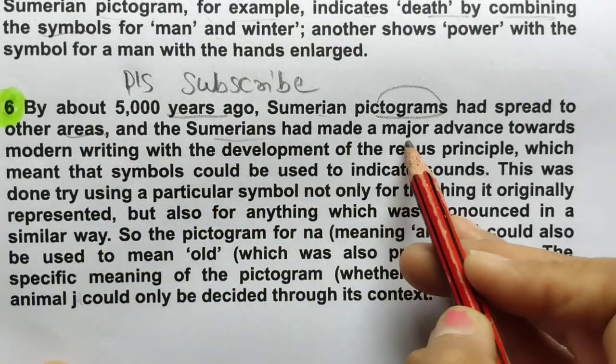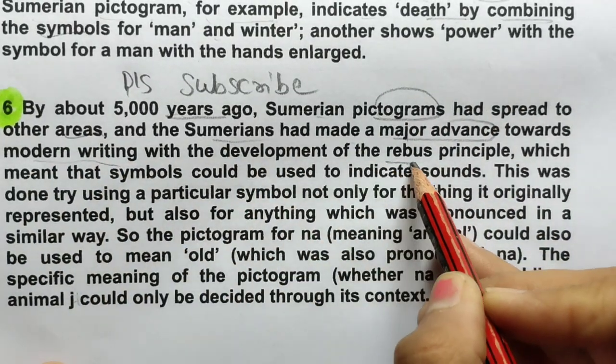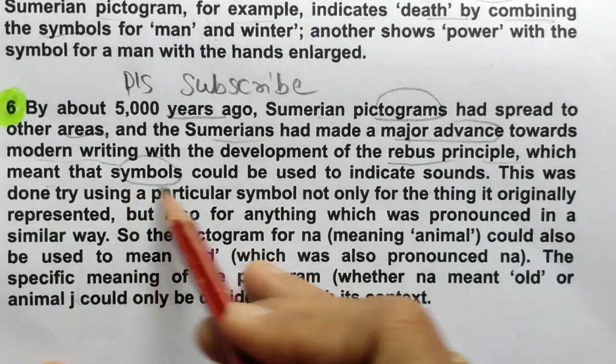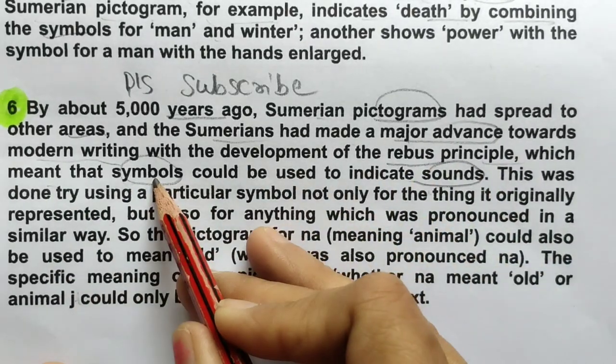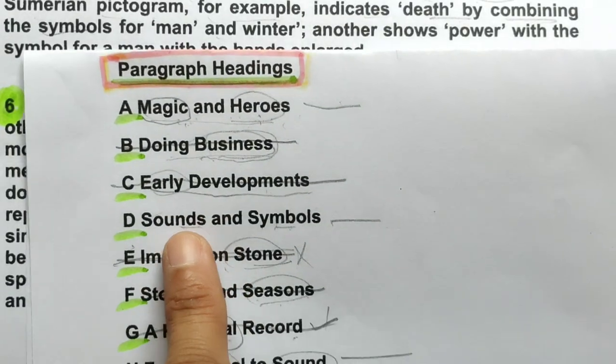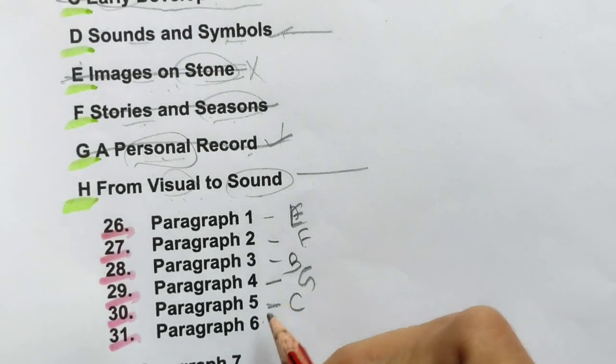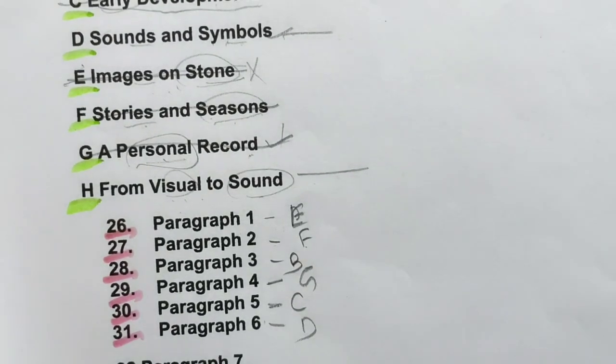Sumerians had made a major advance towards modern writing with the development of the rebus principle, which means symbols. Yeah, sounds and symbols, now it is there. Now I will not be reading more. Sounds and symbols, the clear word is given. So with the help of this we have found 6th also.